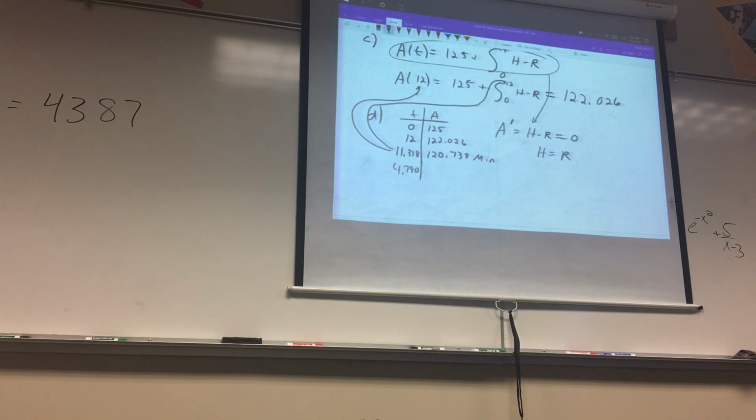And when you plug that in, what do you get? 149.408. You don't have to include this one. It's obvious that it's a max, because it's not a candidate for the max. Might as well, you never know. It doesn't hurt. It takes 2 extra seconds to plug it into your calculator.